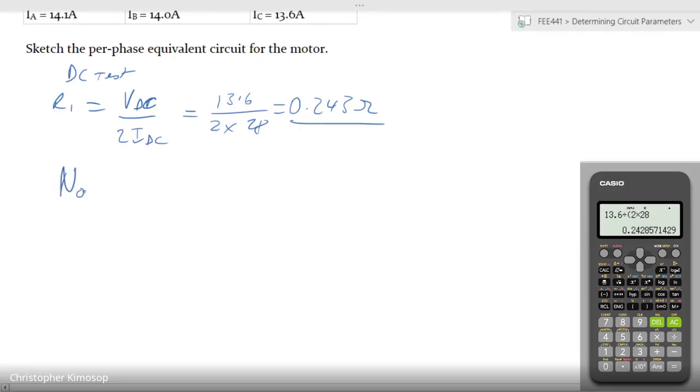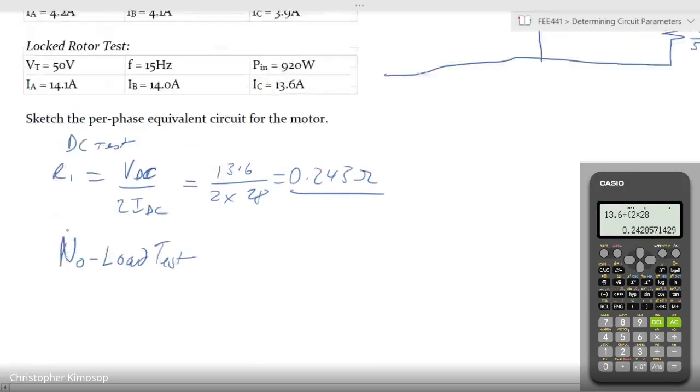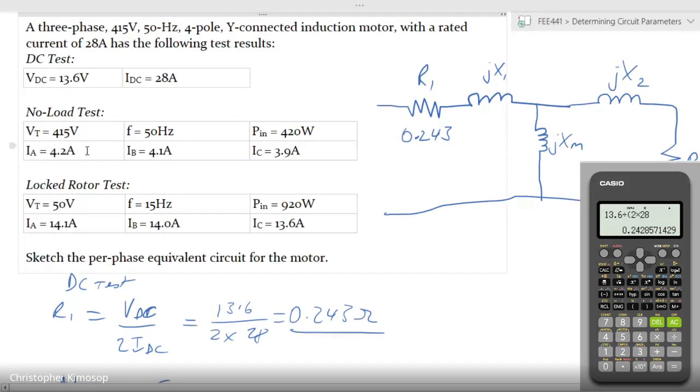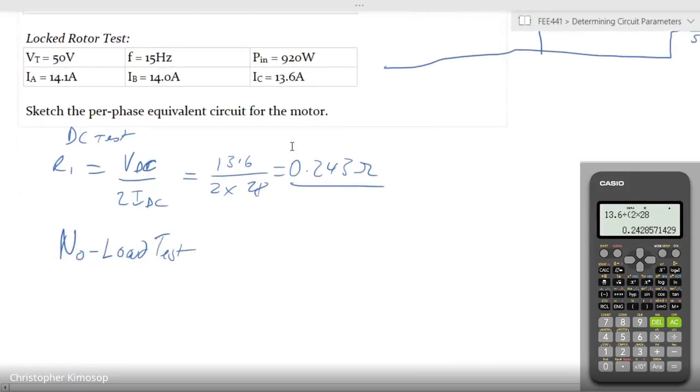Let's look at what we can establish from the no-load test. For the no-load test, we said that we apply a voltage at a certain frequency so that you get various currents. These are the currents that we found within the no-load test.